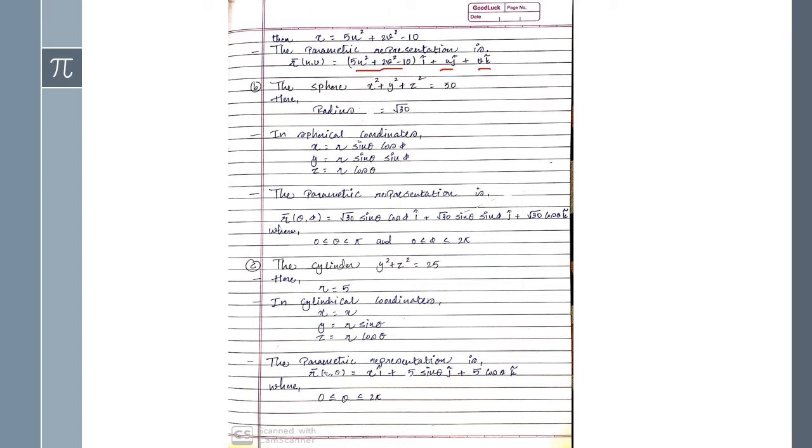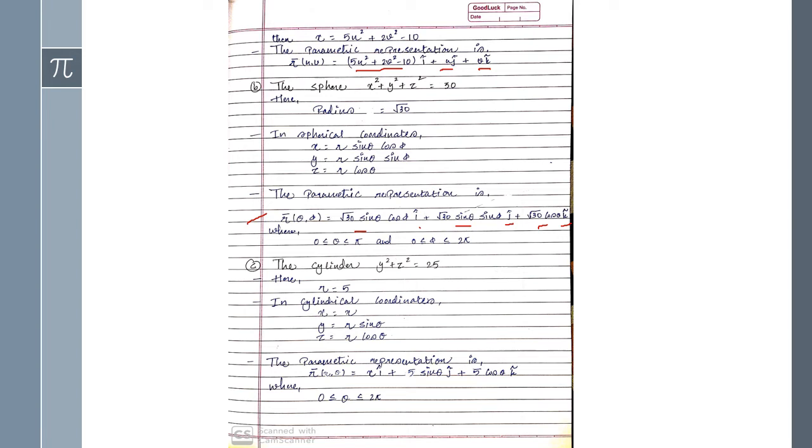So just put in r equals root 30 and you will get the final answer. And just put it down in the equation as x of t i, y of t j, and z of t k. And here I have written the boundaries for the theta and phi functions.